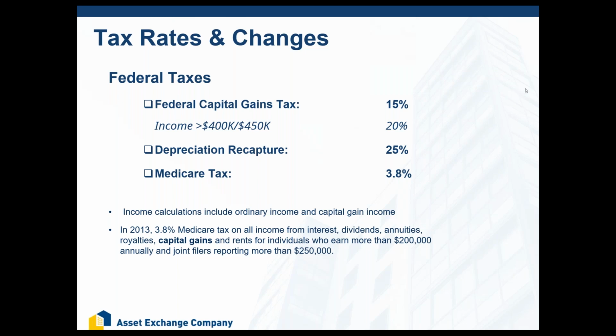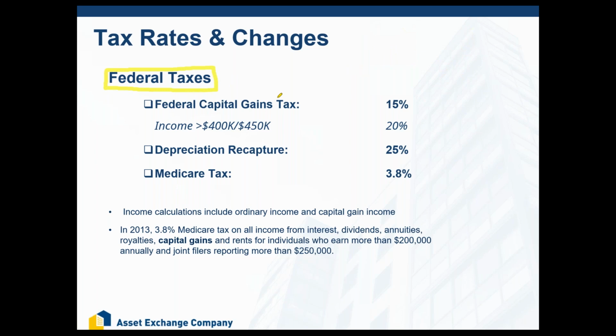Now, as I mentioned, the tax rate is about 33%. And the way I got that number is by combining both the federal and the state taxes. So let's break it down and take a look at just the federal taxes.